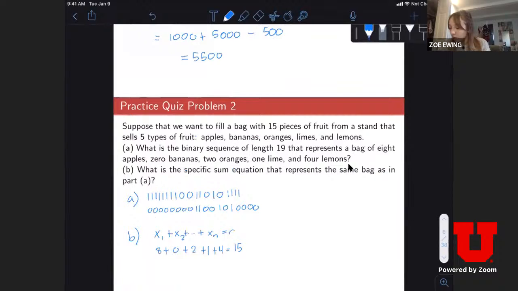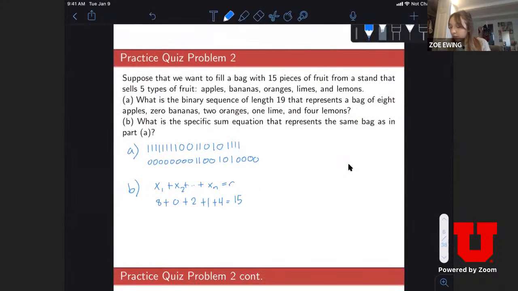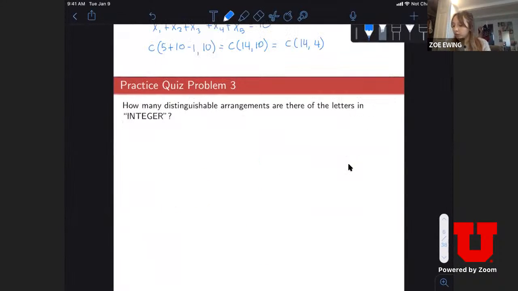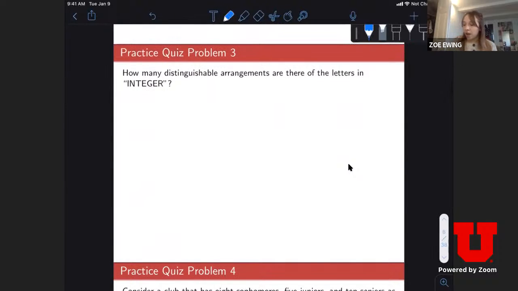Okay. And then we already did practice problem 2 a little bit earlier. So let's move on to 3. How many distinguishable arrangements are there of the letters in integer? So I'm going to give you just 1 minute to work on this.